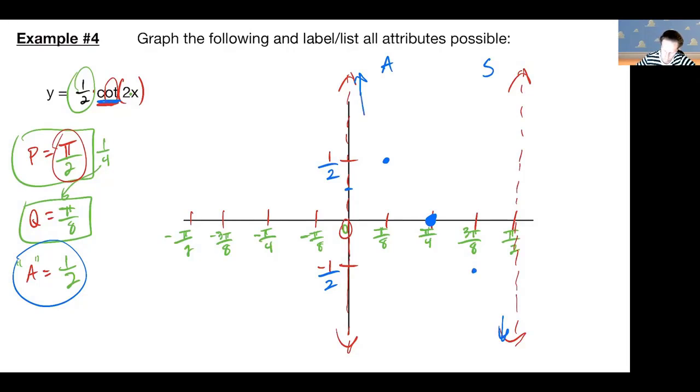And then you connect the dots. And once you have those points, there's one period. If you wanted to do the same thing over here, you could very easily. As I've mentioned, totally up to you on how many periods. If they don't specify, I'm all good with you just doing 1.